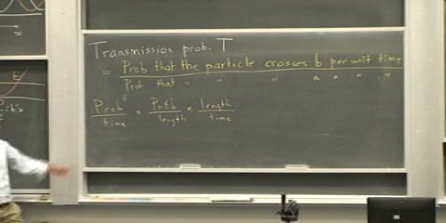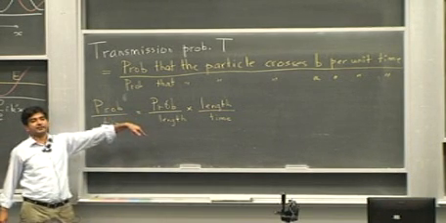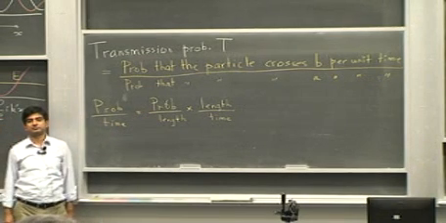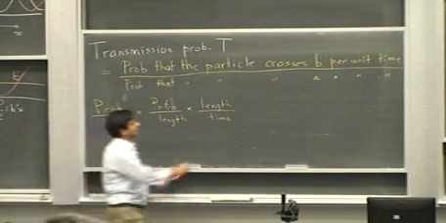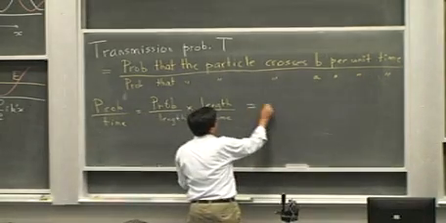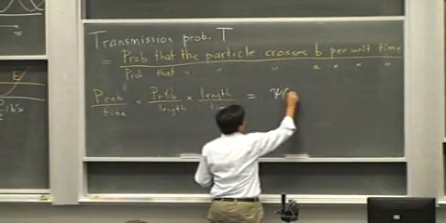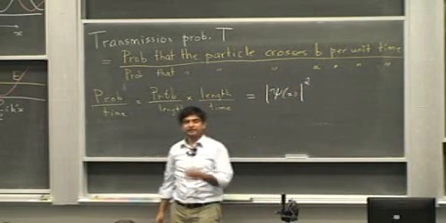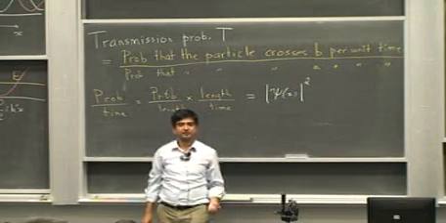Agreed? So what is probability per unit length? This is just the modulus squared of the wave function. And what is the length per unit time? This is just the speed of the particle.